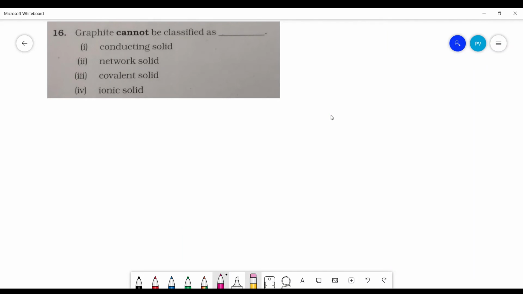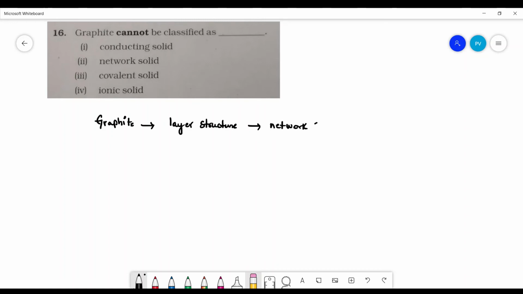Here the question is, graphite cannot be classified as what? Before going to see the options, graphite is a layered structure. So it is a network solid, right?